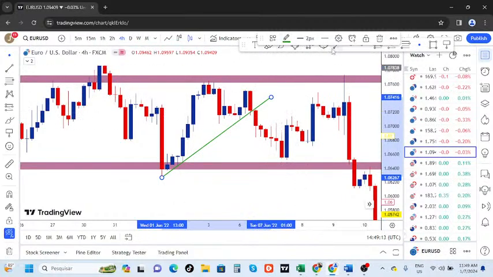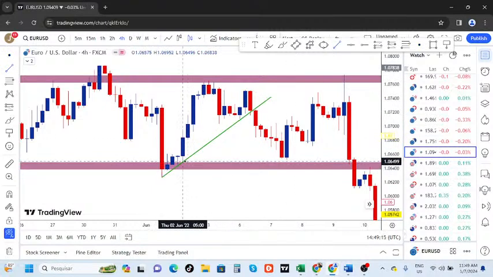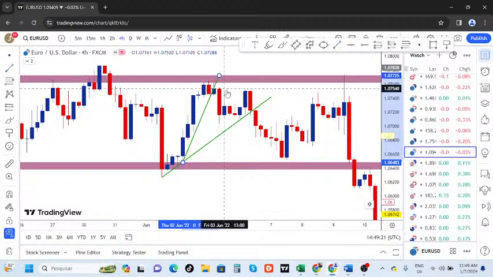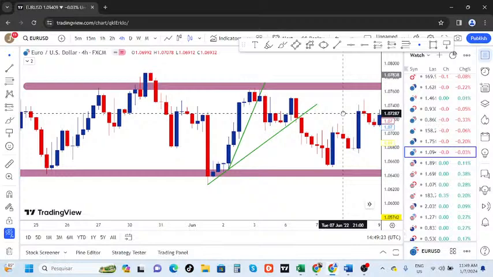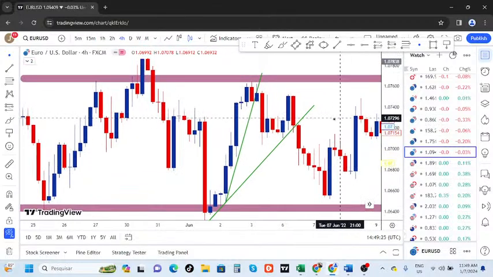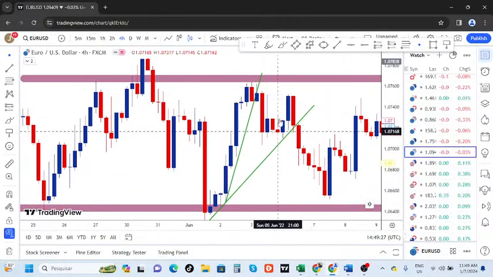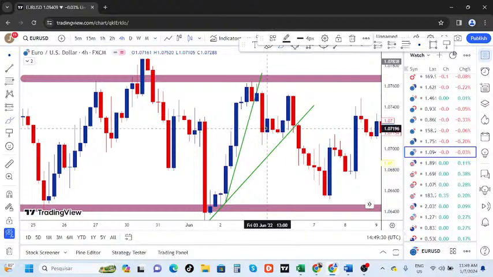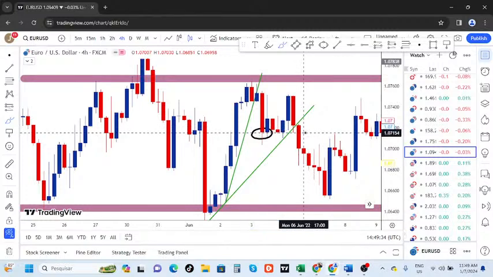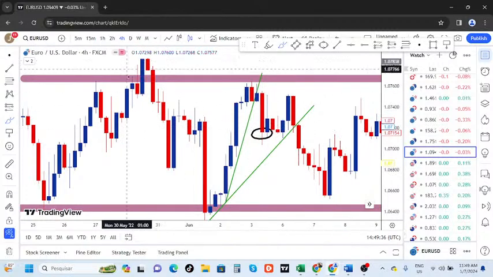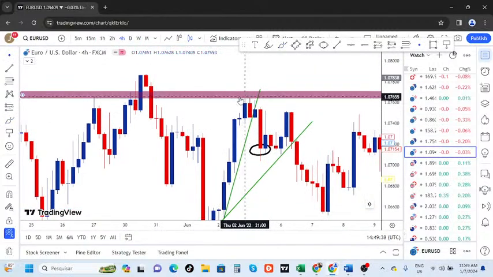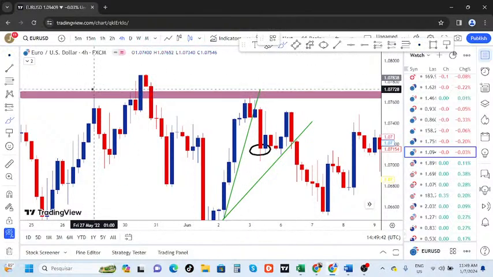So I'm going to take my counter trend line, or trend lines, 1, 2, 3 trend lines. I'm going to do the same right here. And this is how, my friends, I would have shorted this market back in time. Once this candle closes right here, I'm going to enter the market, and I'm going to put my stop loss not just below this area, like for example right here.